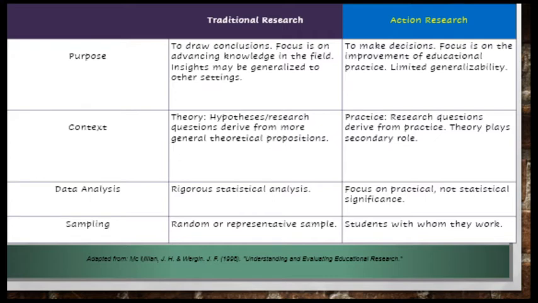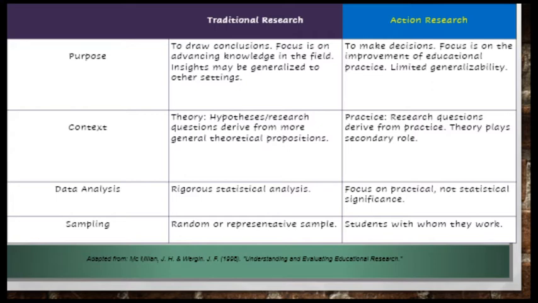Now, in terms of context, traditional research focuses on theories, and the basis of hypotheses and research questions are derived from more general theoretical propositions. Okay? But in action research, the practice is always the basis for research questions, and theory plays a secondary role.